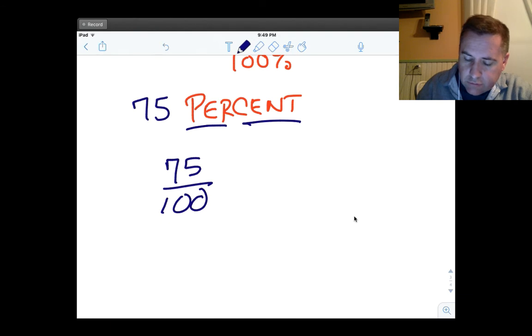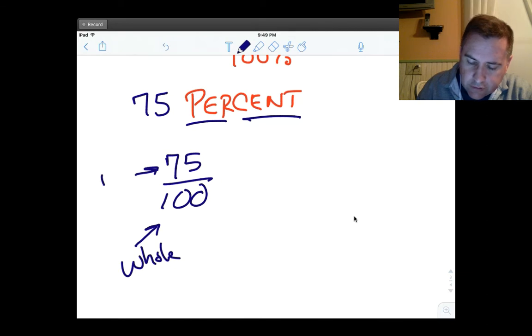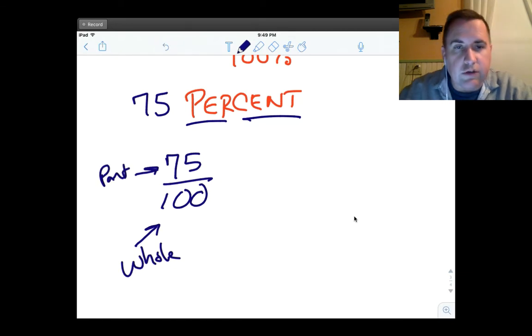The 100% refers to our whole, and the 75 is our part. So we can look at percent as a part to whole ratio. The whole 100% is the price, and $920 is the price we're going to work with. You're only responsible for 75 out of every 100 of those $920.